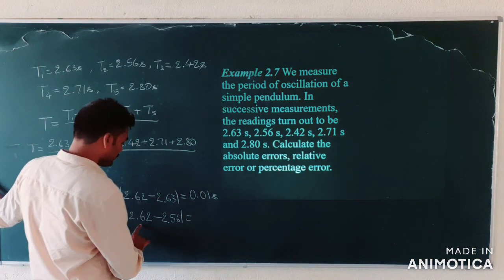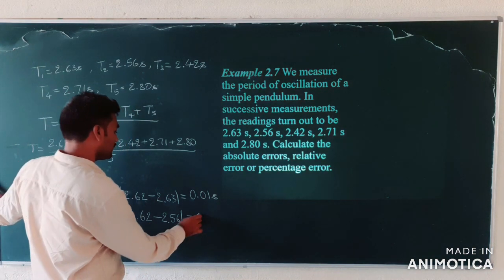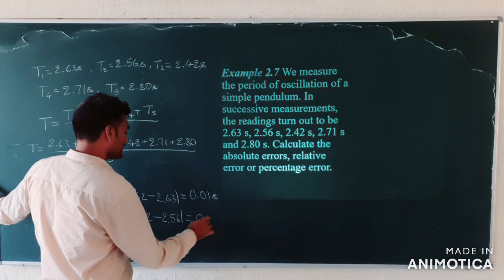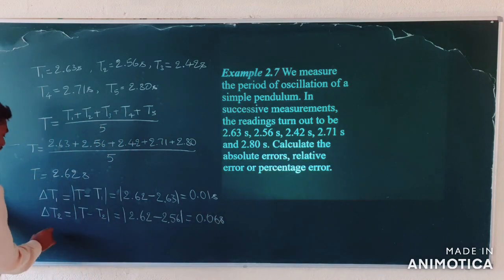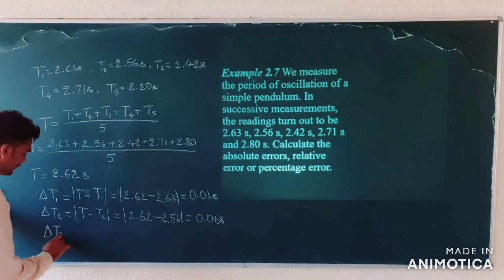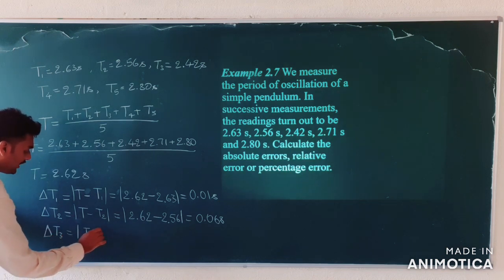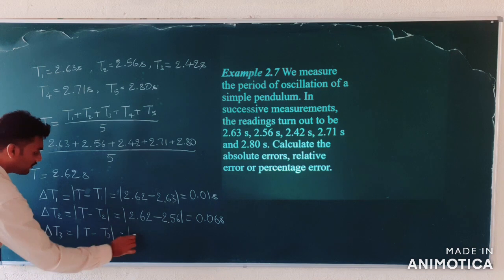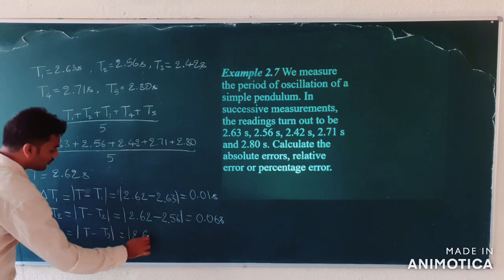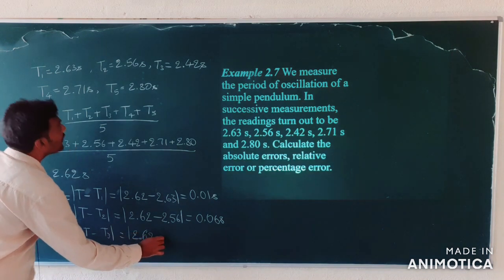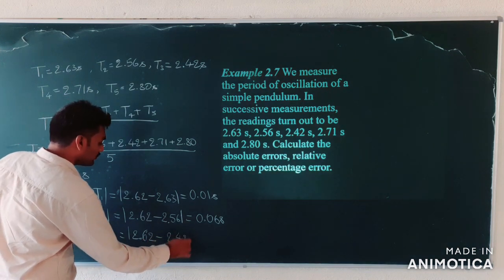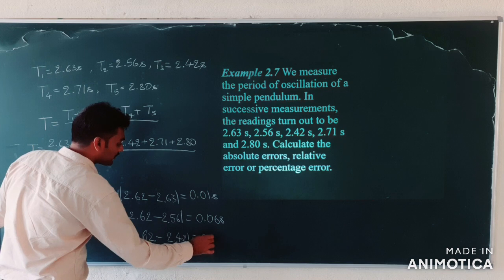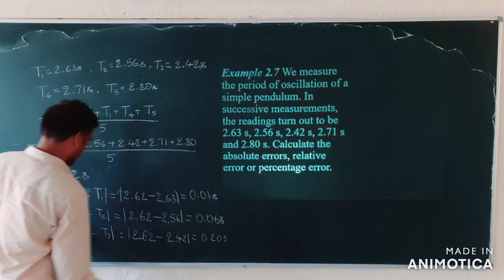It's 62 here and 56 here, so it's 62 minus 56, which is going to be 6. So 0.06 seconds. Similarly, delta T3 is T minus T3, 2.62 minus 2.42, which is equal to 0.20 seconds.